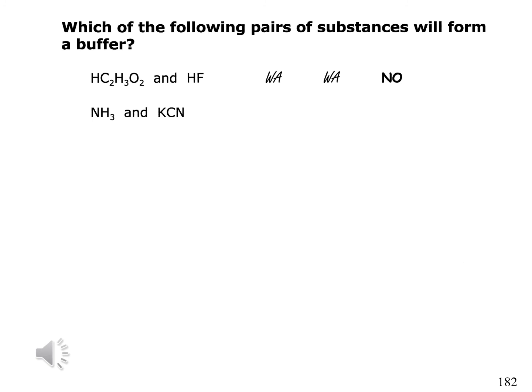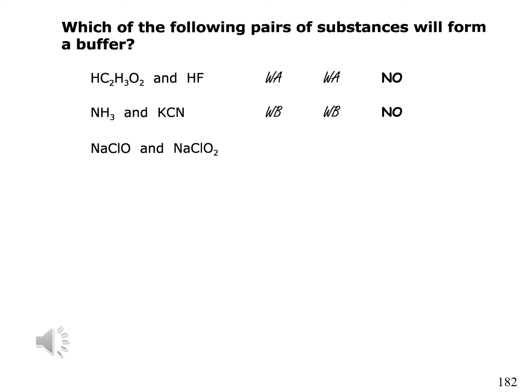NH3 is very definitely a weak base, but so is CN-, and I hope you're getting familiar with the fact now that K would be a spectator because it makes everything soluble, so CN- is also a weak base. So since you have two weak bases, that will not make a buffer either.